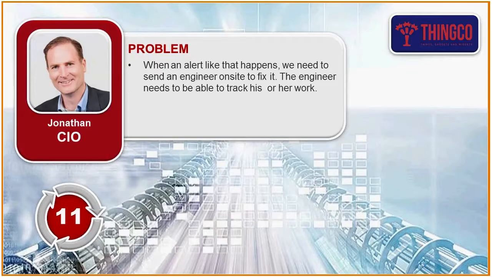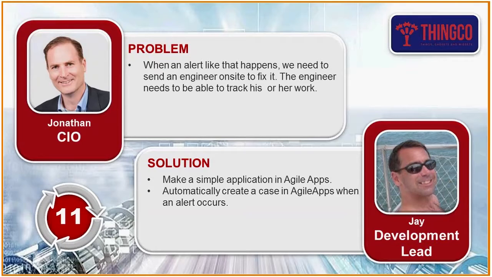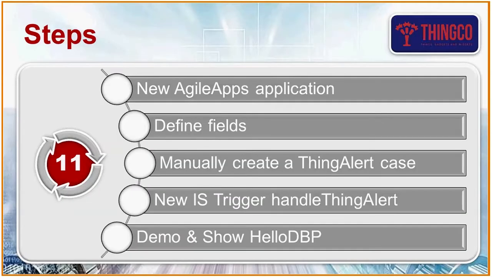Yes, and I think what we're talking about is a very simple tracking application that lets them put in some notes and maybe some pictures of what went wrong with the thing, maybe assign the work to somebody else if that person's on vacation. It seems like a nice simple app that we can create, and there's a capability called AgileApps for this. What I want to show is how easy it is to define a new application.